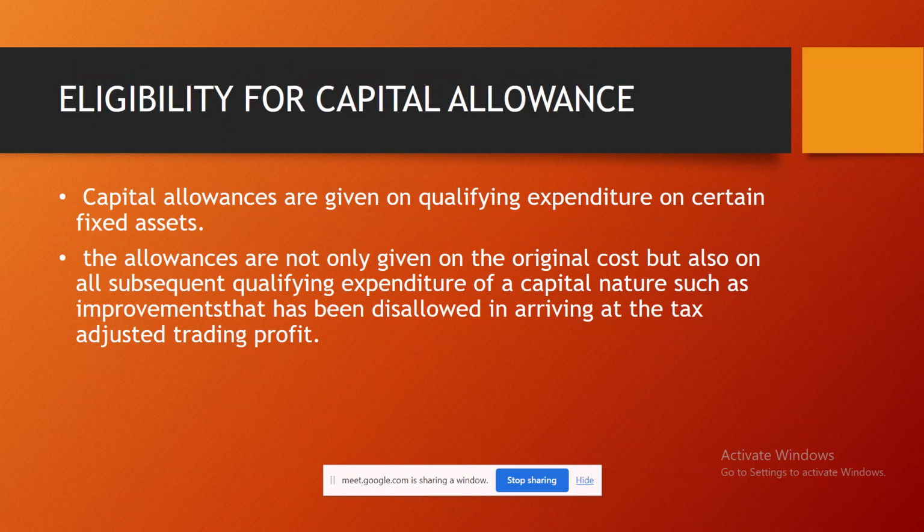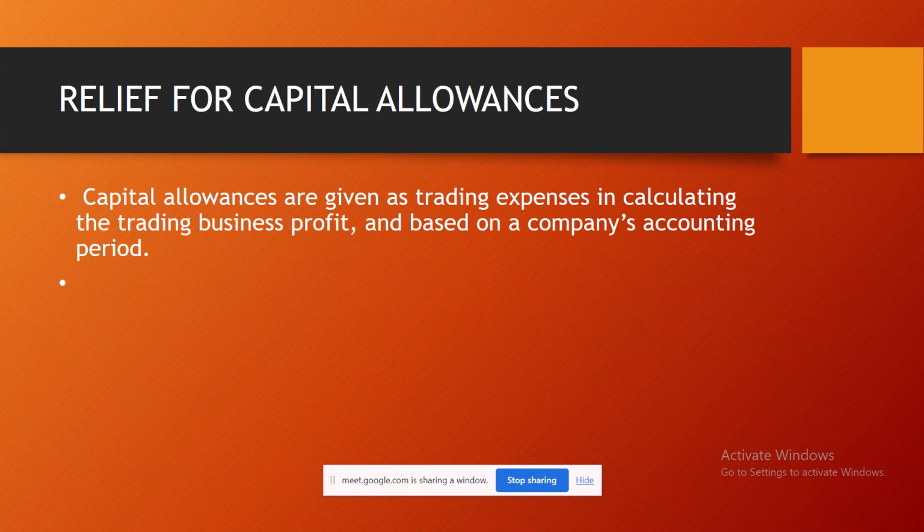So who is eligible for capital allowances? I've covered this aspect to say only those who are spending on qualifying expenditure or certain fixed assets qualify for these capital allowances. I've explained how these capital allowances are a relief to a taxpayer.